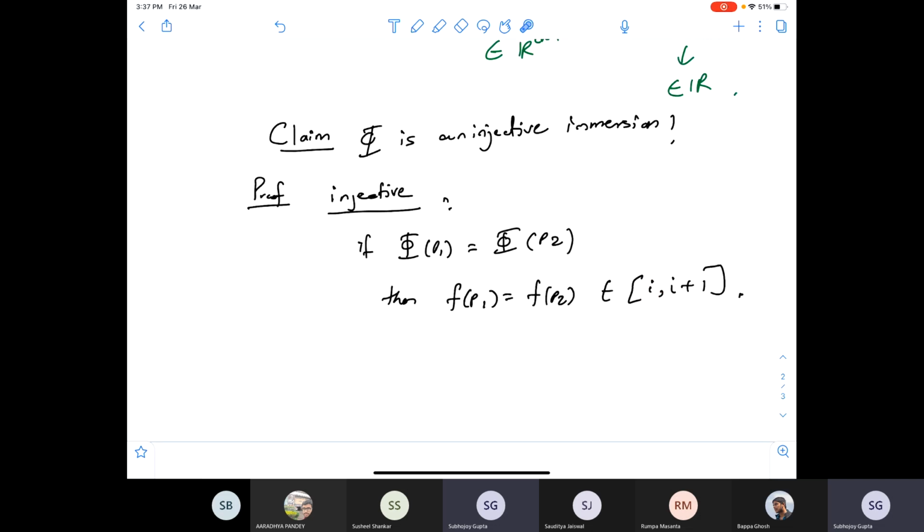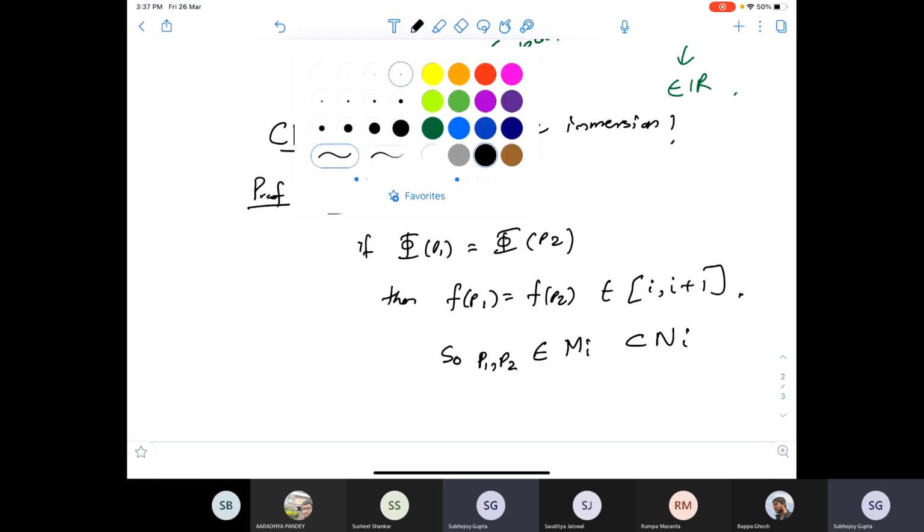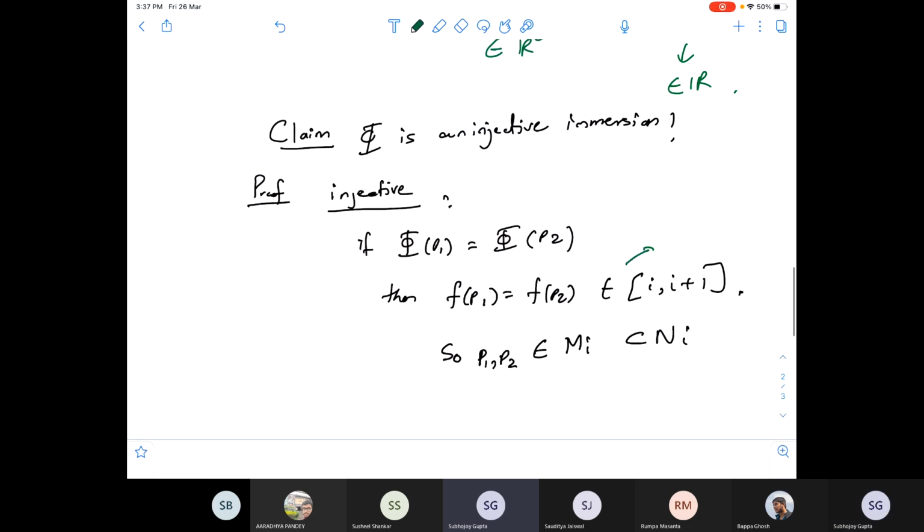So P1 and P2 are both contained in M_i, which is contained in capital N_i. This is right because M_i was the pre-image of this I plus 1, for some I. And by definition, P1 and P2 belong to M_i.